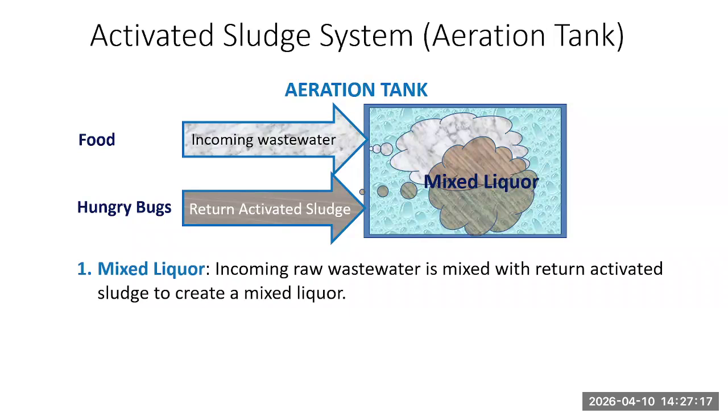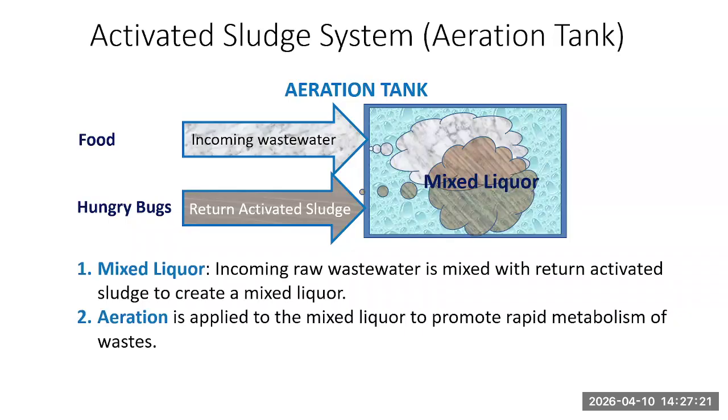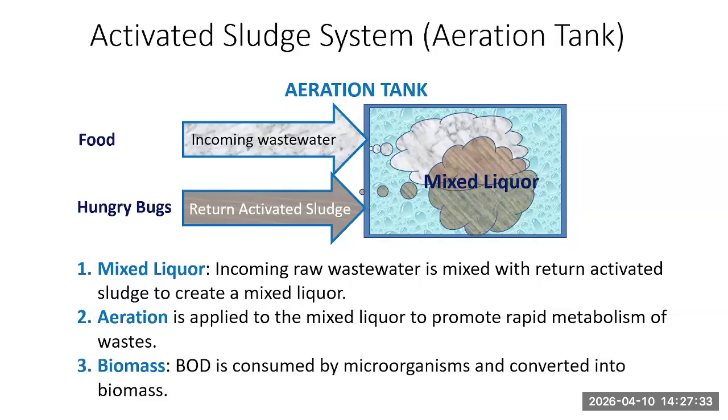Incoming raw wastewater is mixed with return activated sludge to create a mixed liquor. Then we apply the aeration to promote the metabolism of the waste by the bugs that are in the aeration tank. The BOD is consumed by the microorganisms and converted into biomass. That's what happens in the aeration tank for activated sludge.